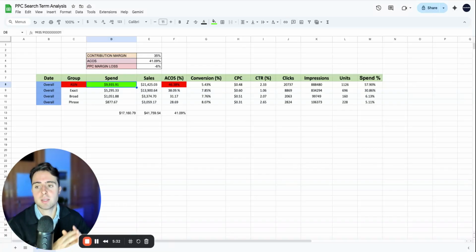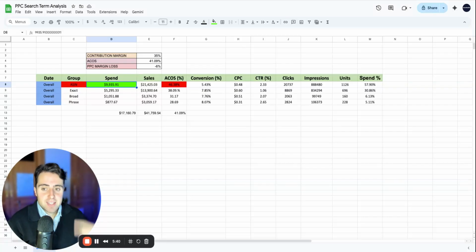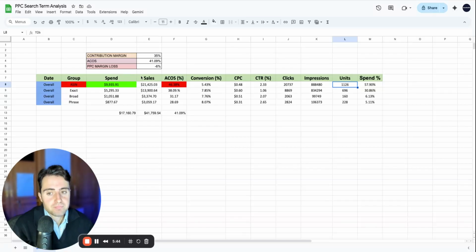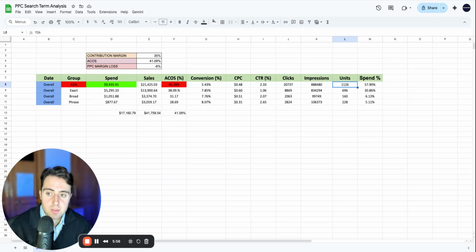The first one is that you have to be very careful on ASIN targeting. It really does not provide a lot of leverage, or that's what we think. And the second thing is it's great because it gives a lot of units, but the cost of advertising and selling must be really below your contribution margin, and you must be making a spread on it. If not, it doesn't make sense.